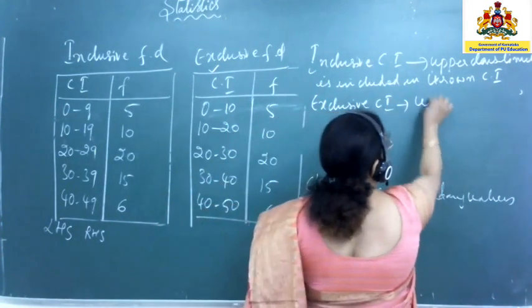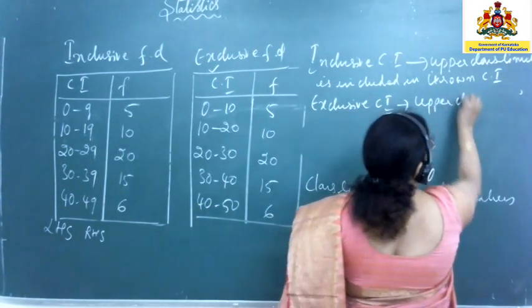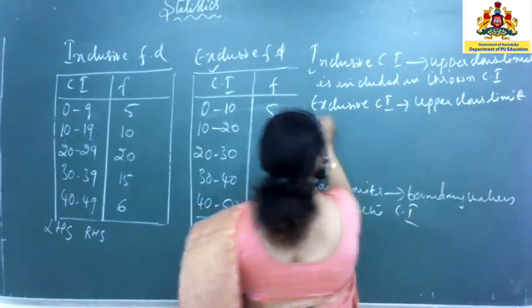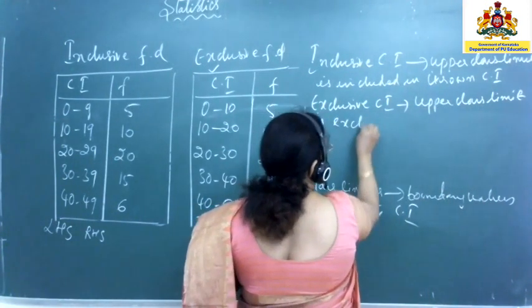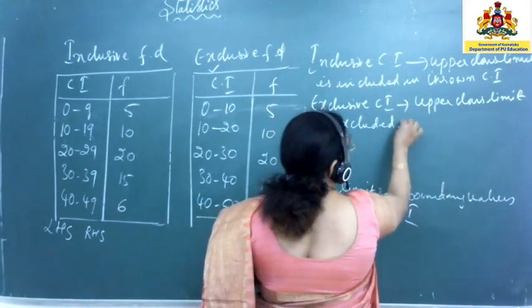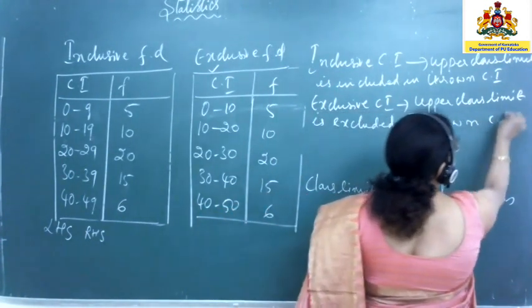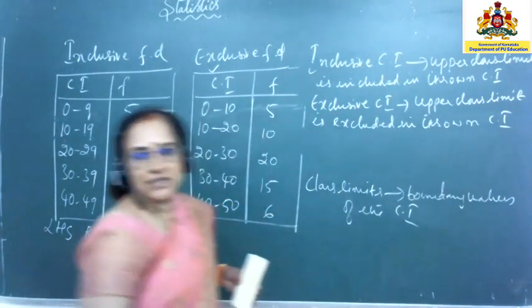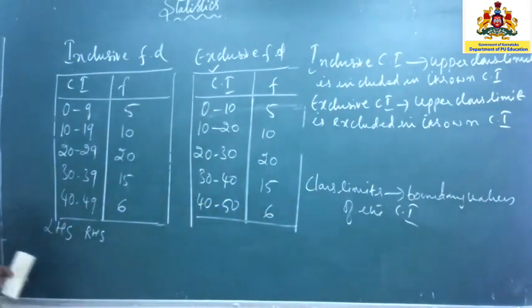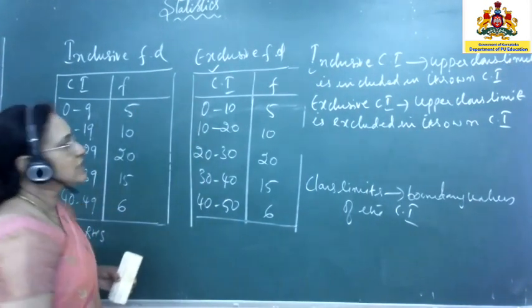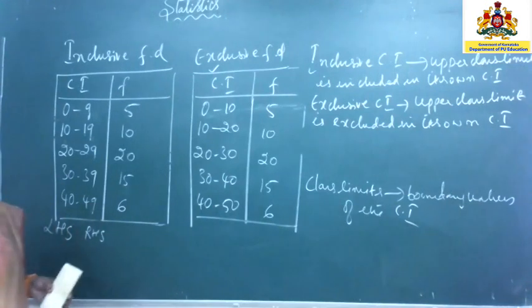If the upper class limit is excluded in its own class interval, then you call such class intervals exclusive class intervals. So if it is an inclusive frequency distribution, you will have inclusive class intervals. If it is an exclusive frequency distribution, you will have exclusive class intervals.